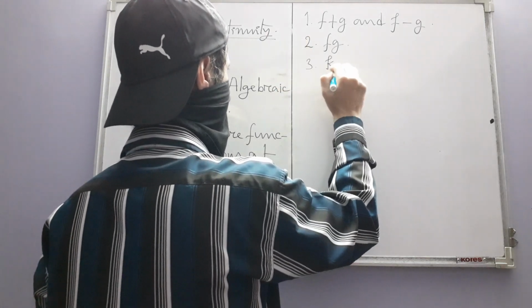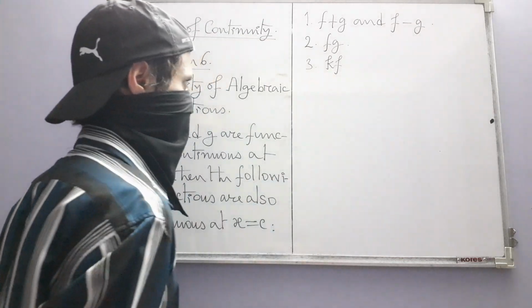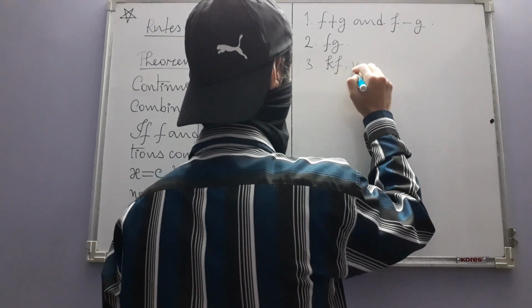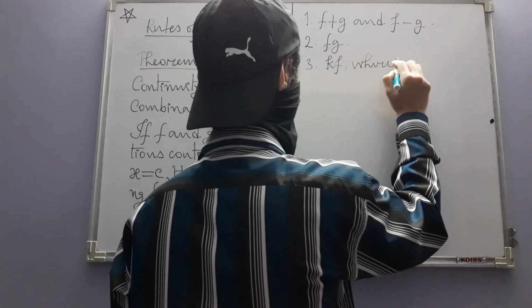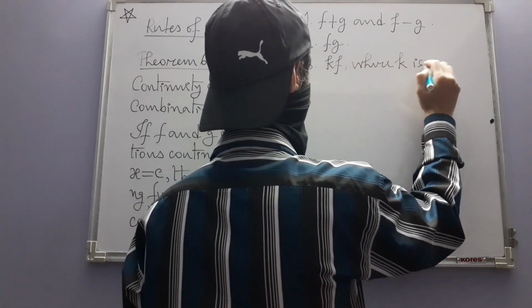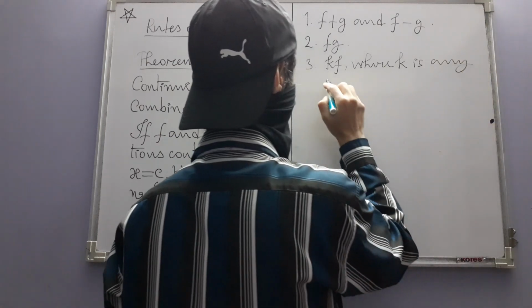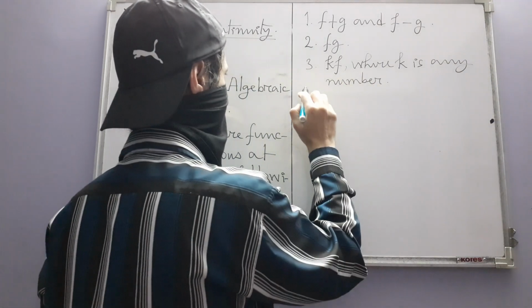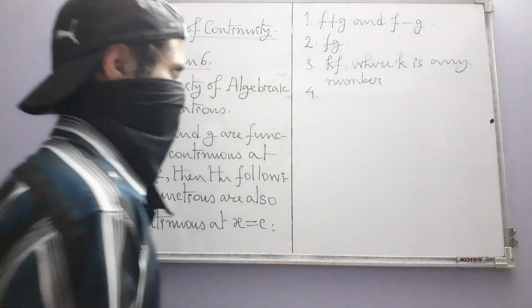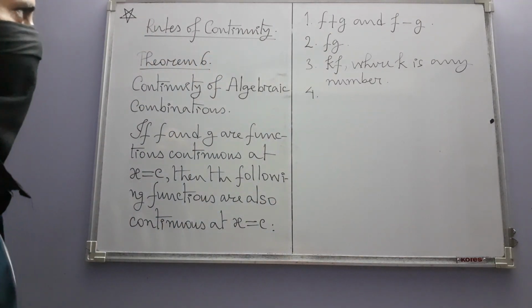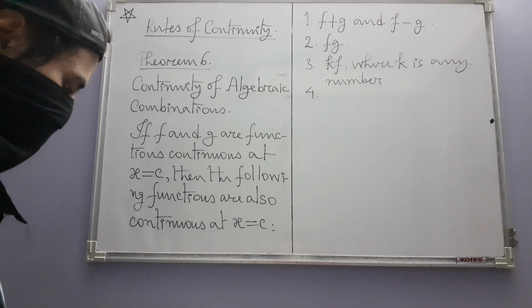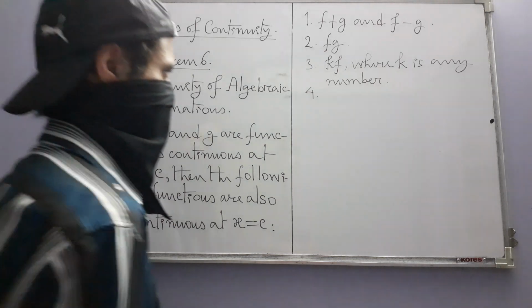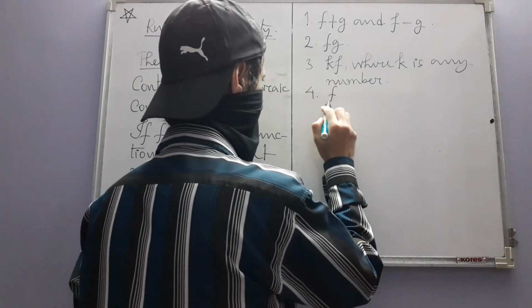Number 3, k times the function f is also continuous at c, where k is any real number, a constant. Then number 4, the quotient of these two functions f and g.